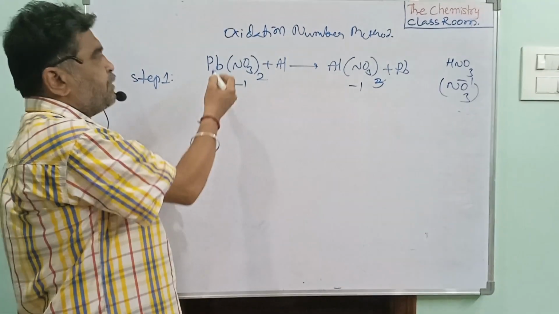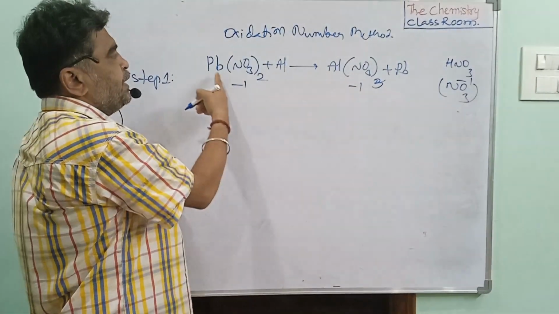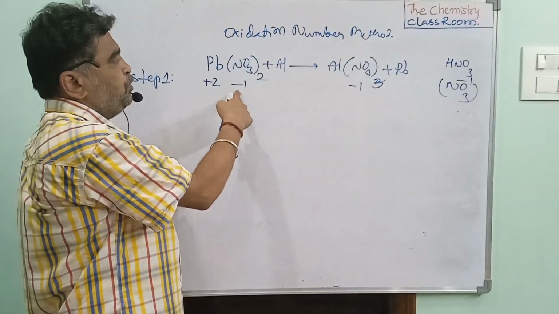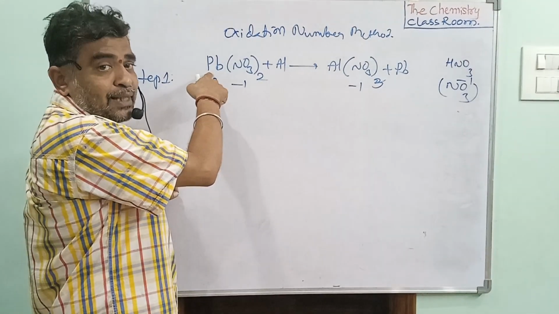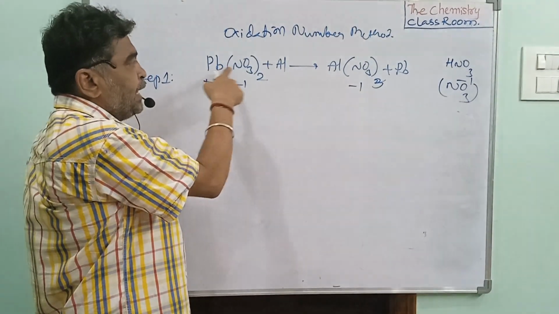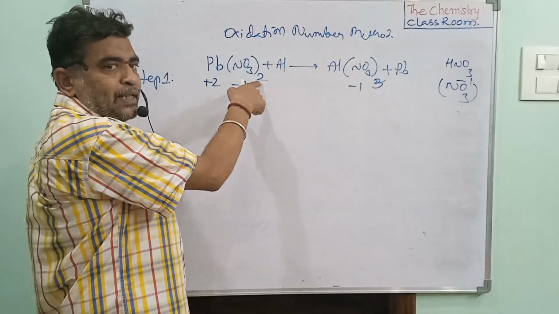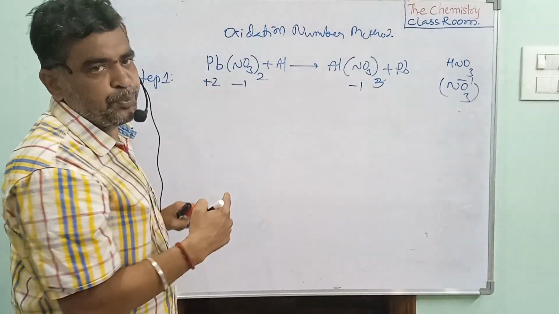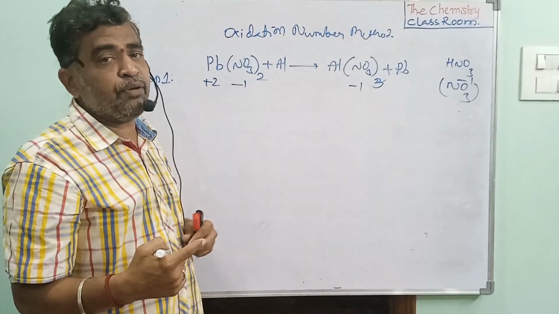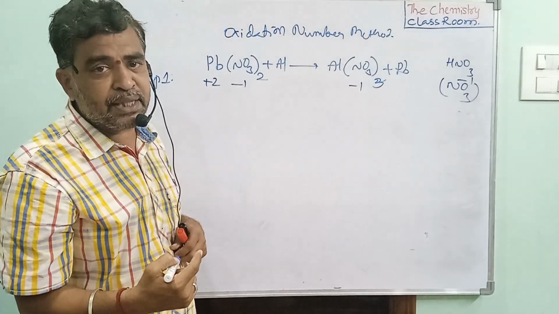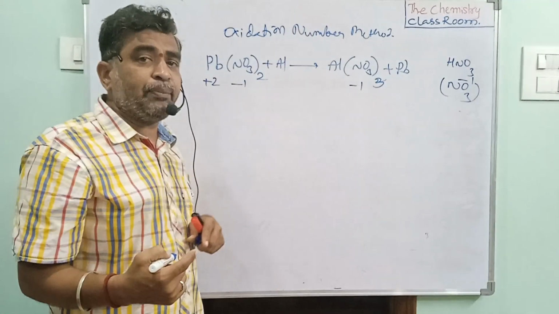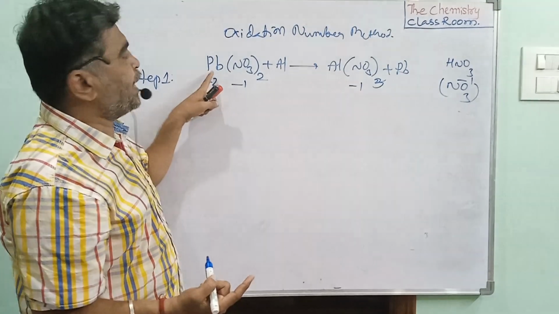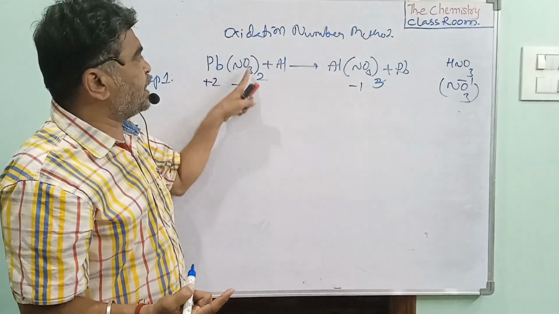Next we discuss the lead. Here the lead oxidation number is +2. Why? We don't know the oxidation number of lead, so it is x, and NO3 is -1.